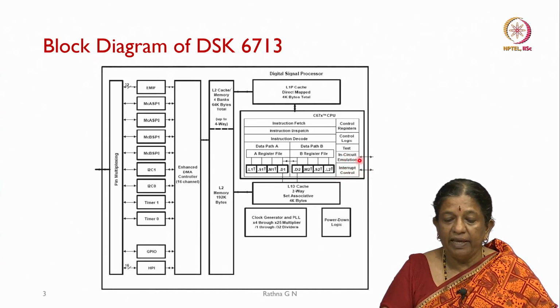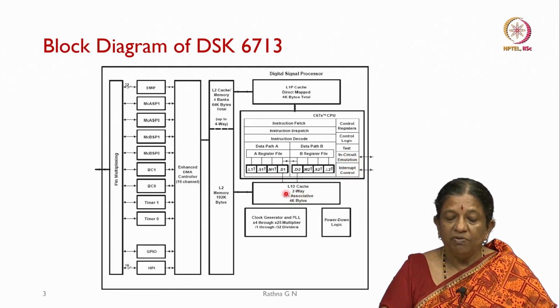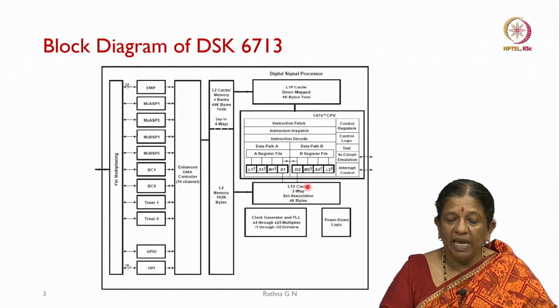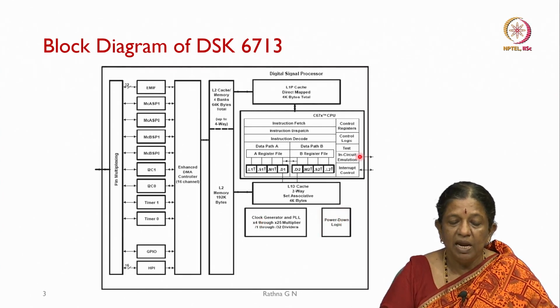For the cache memory, there is a 2-way set associative 4K byte L1D. We also have the clock generator, power down logic, and this is the data cache L1D and here the program cache.